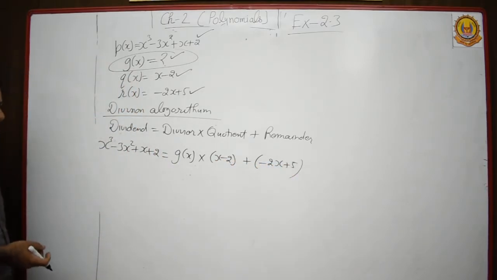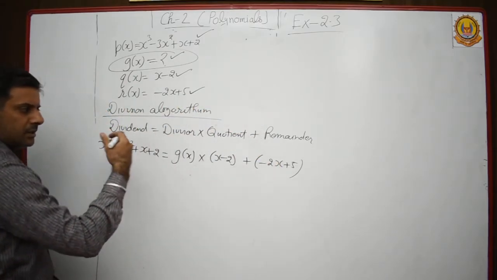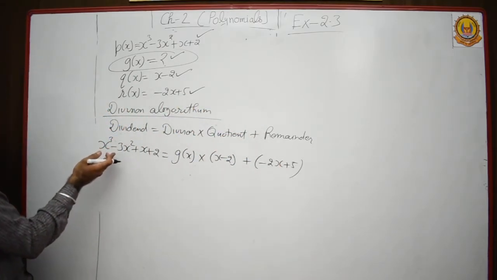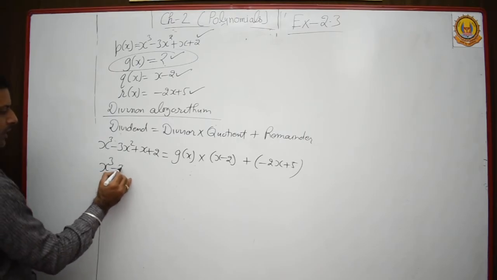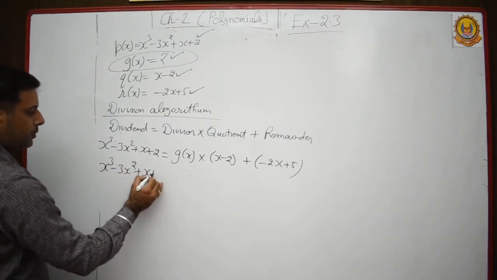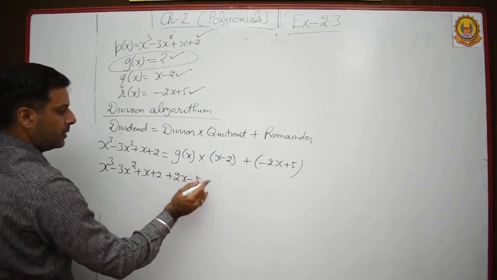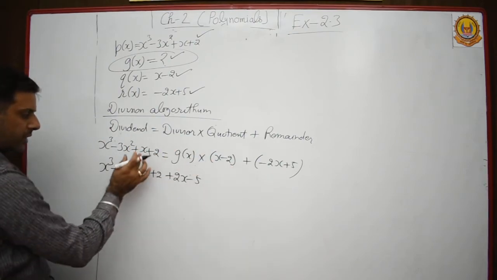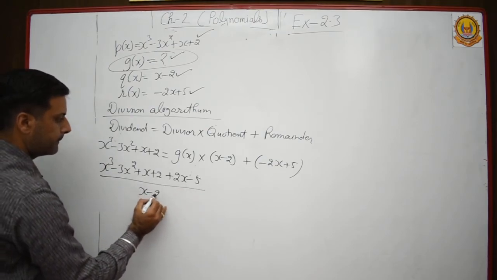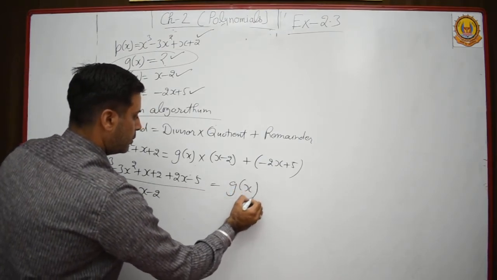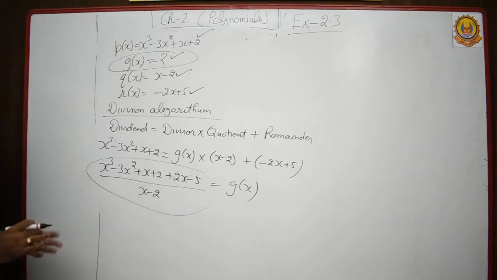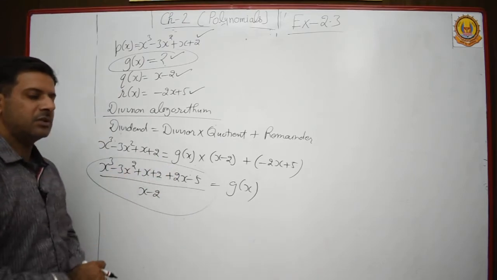And you can find out the value of g of x. Firstly take this minus 2x plus 5 to the left hand side, to x cube minus 3x square plus x plus 2. Here it will change the sign to 2x minus 5, and again now take x minus 2 here, so it will be in divide, and now you can solve this by the long division method and you will get the value of g of x.